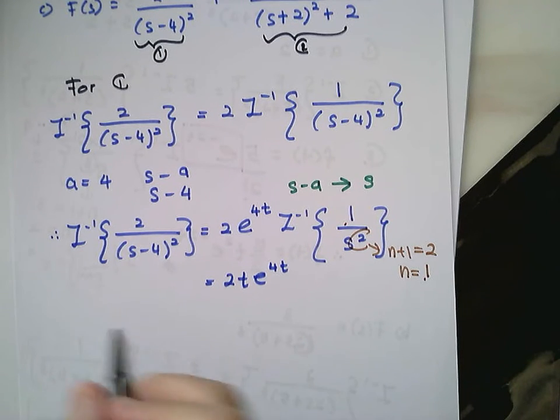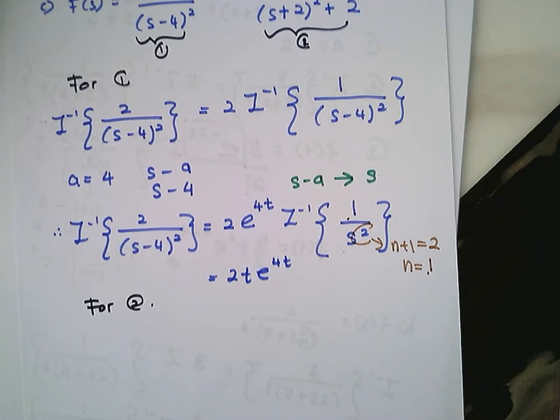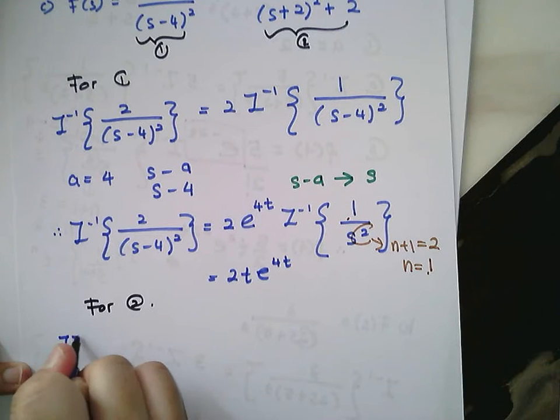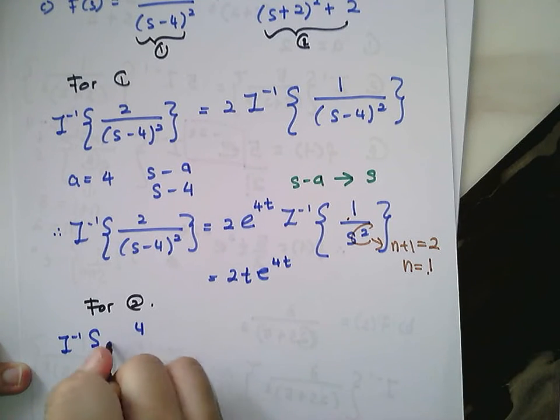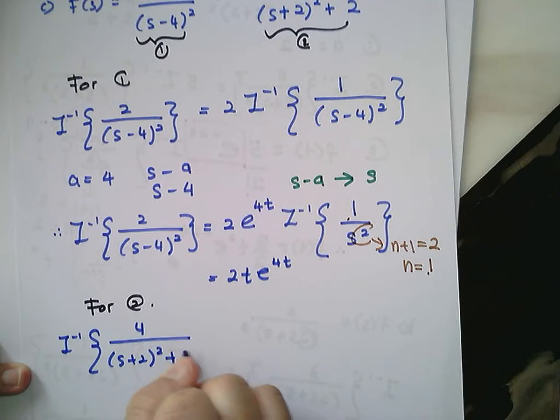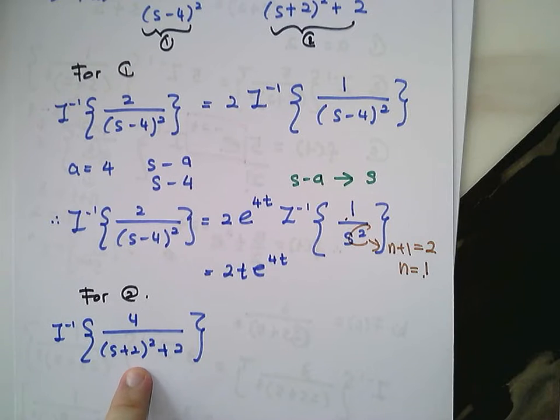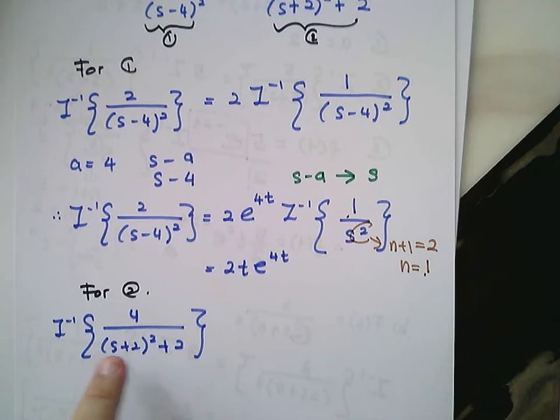Okay, for the second function, you need to find the inverse of 4 over s plus 2 squared plus 2. Okay, this is also first case because you just have the s minus a for the denominator part.